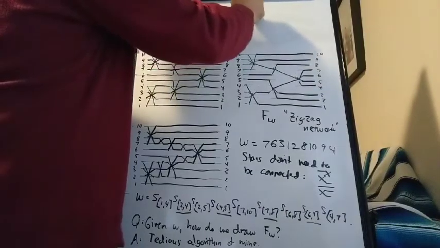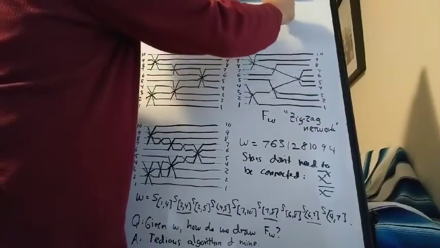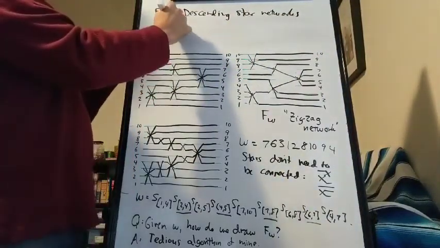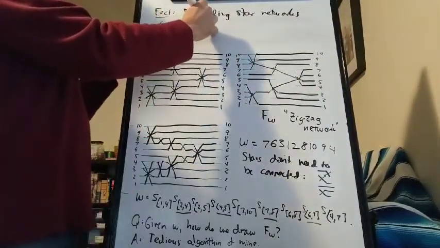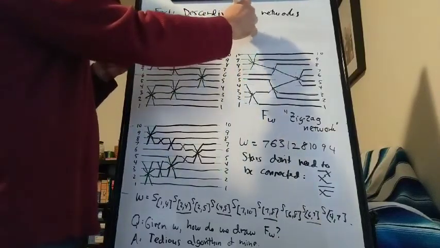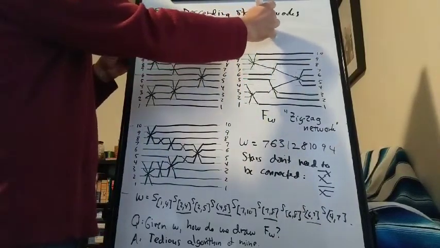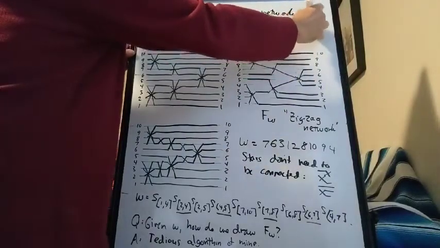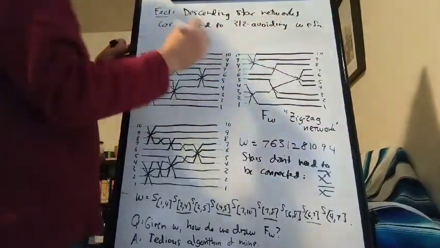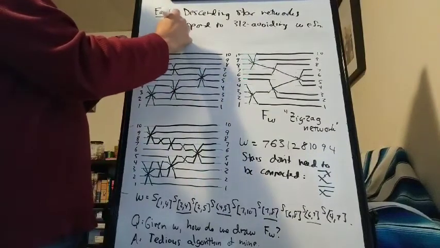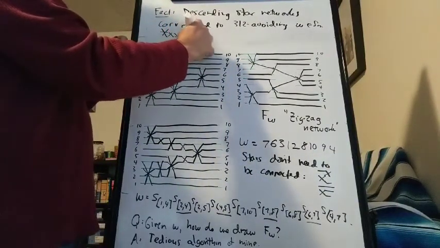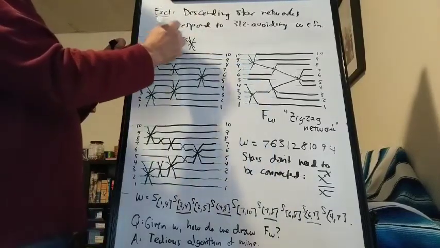So descending star networks correspond to 3-1-2 avoiding permutations. So something like this.